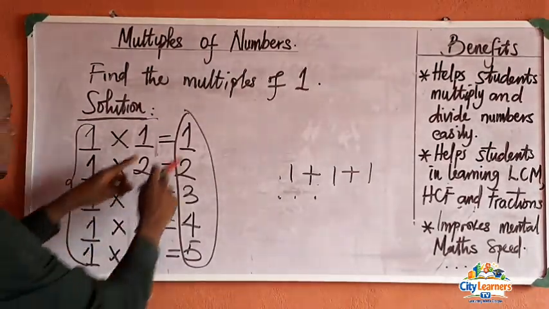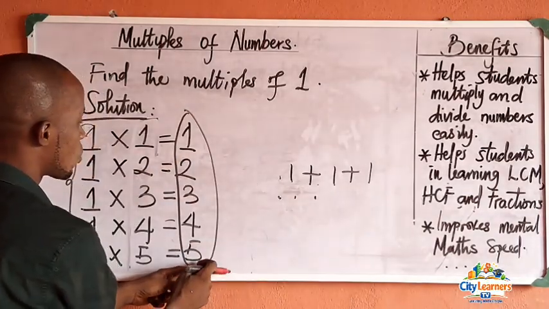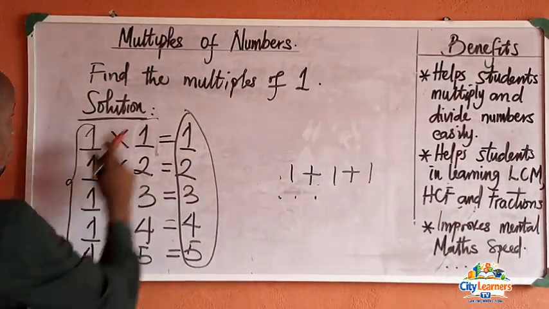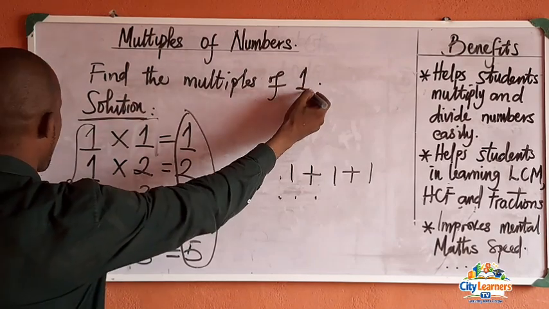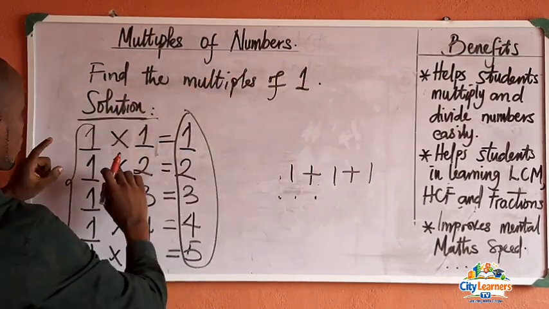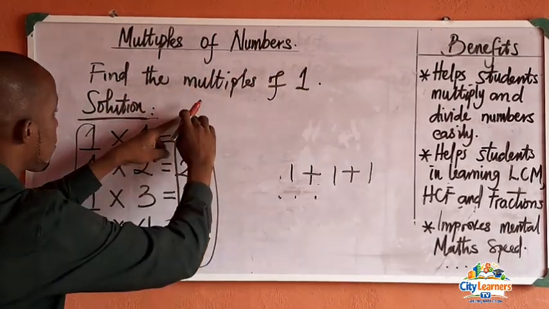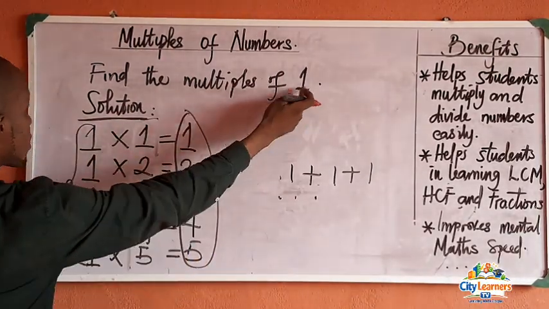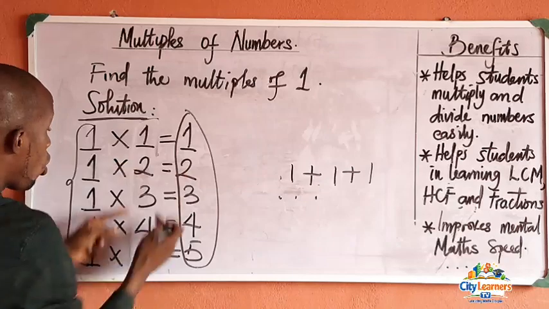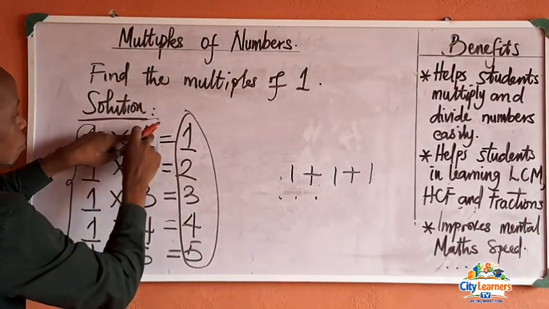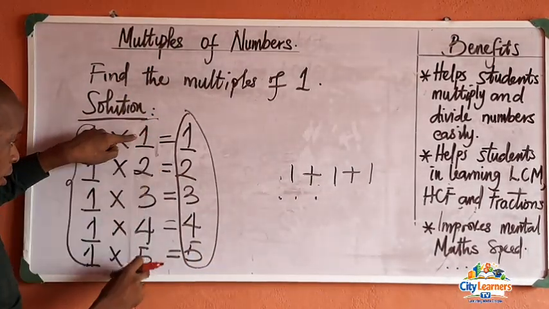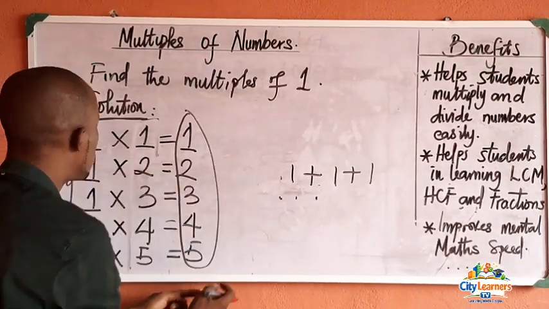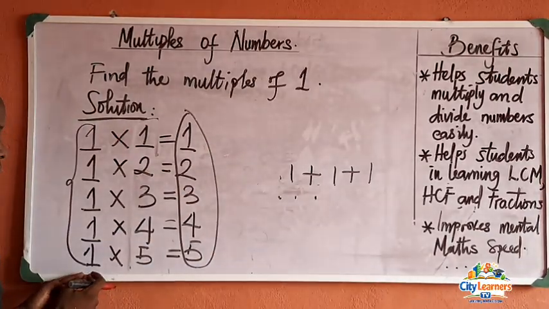I repeat, the result we get when we multiply the given number from the question, which is 1, by whole numbers beginning from 1 upward, is what we refer to as the multiples of 1.